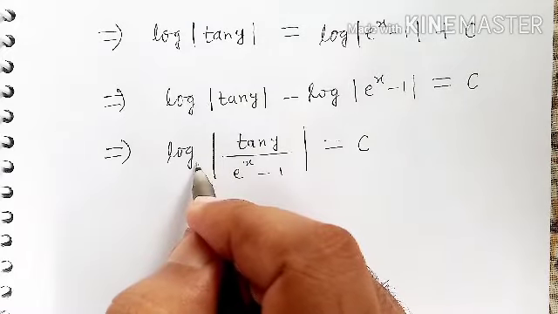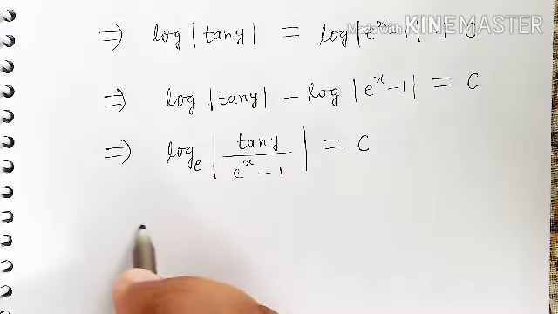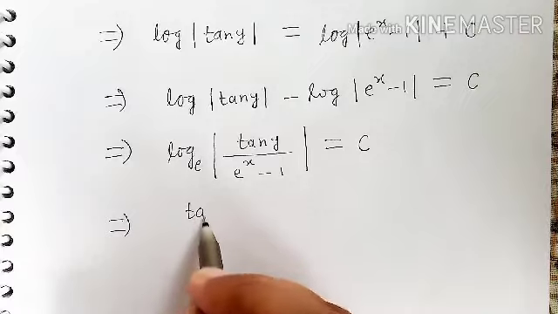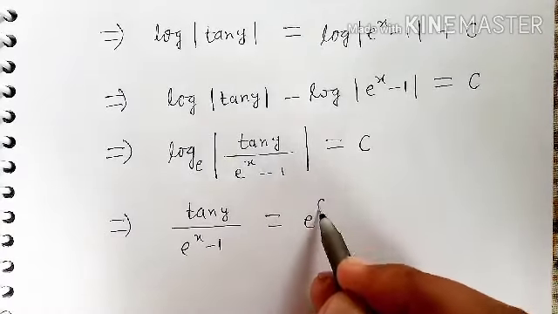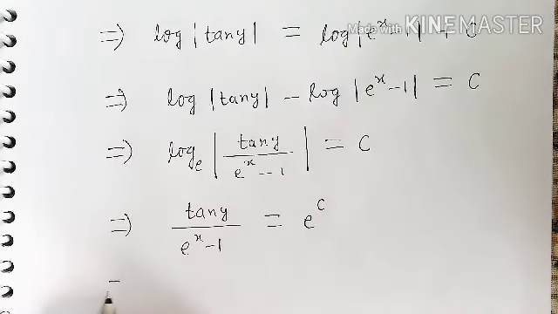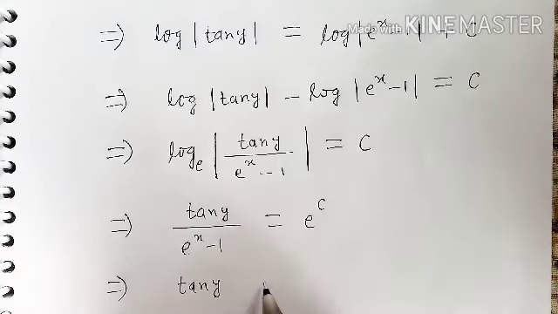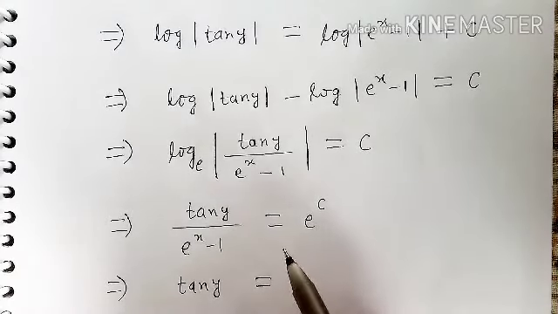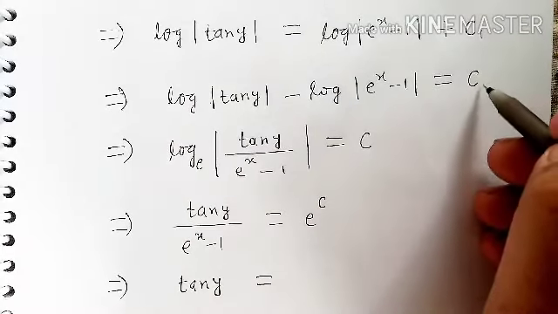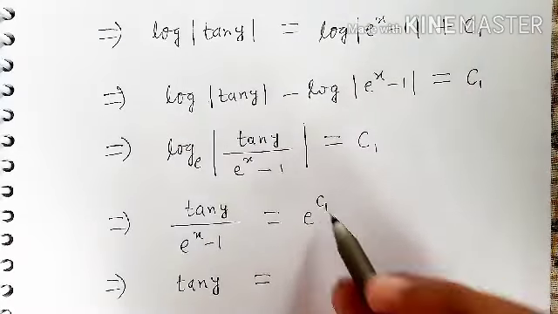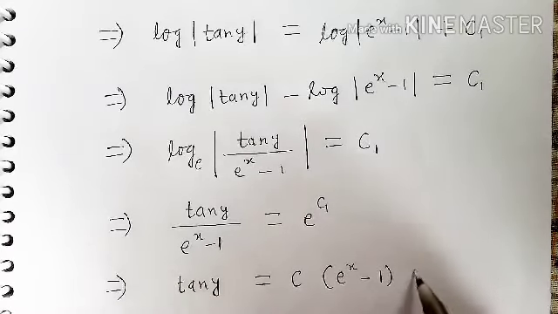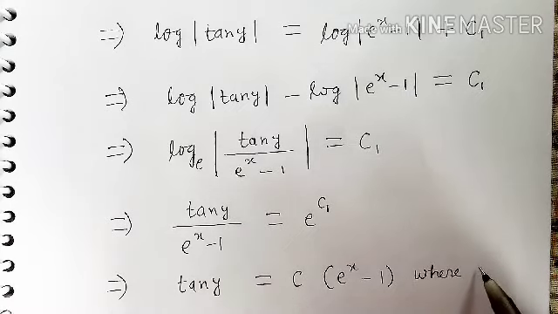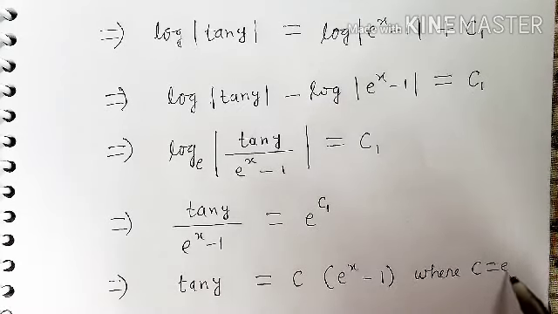We know that the base here is e, so we can write tan y by e to the power x minus 1 is equal to e to the power c. From here we can write tan y is equal to, let us change this c to c1, c e to the power x minus 1, where c is e to the power c1.